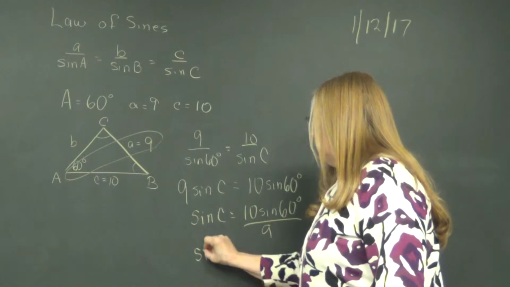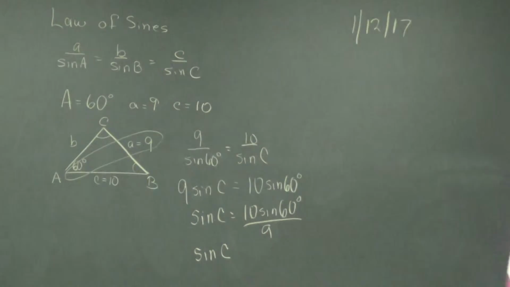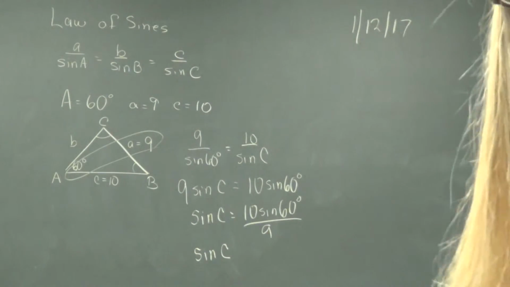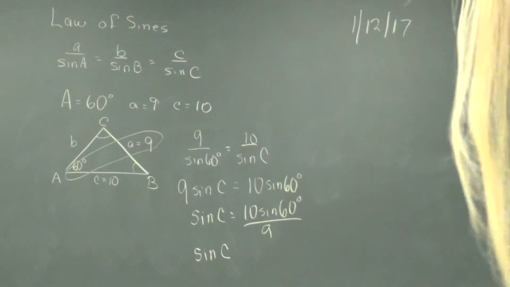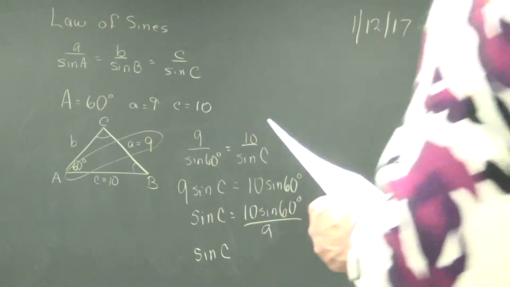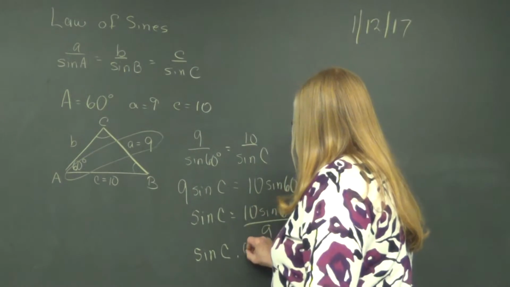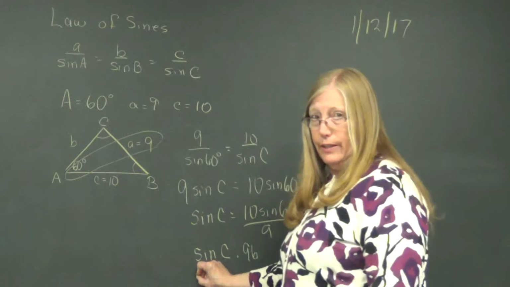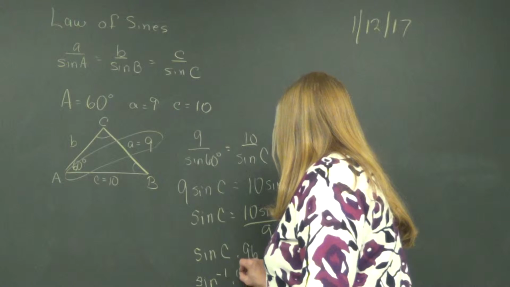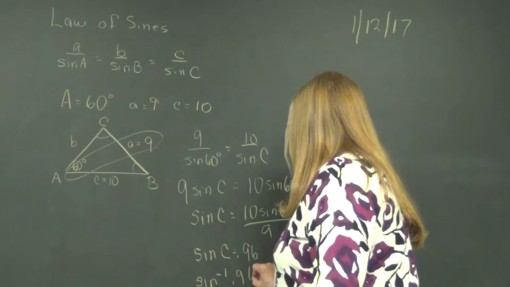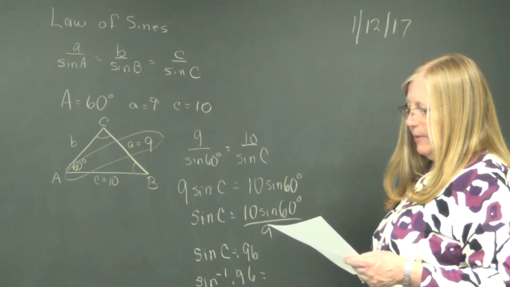When I did that, I put that on the calculator to see if I'm still in the screen. Yes, I am. Sine C will come up to be 0.96. And I do a sine inverse of 0.96 to see what angle has 0.96 as its sine, and that will be my answer.